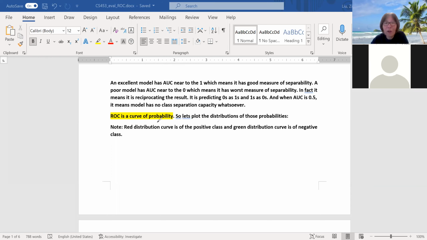So let's take a look. In the following curve, we have some curves. It says the red distribution curve is the positive class. So it's regarding the distribution of probability. And the green distribution curve is regarding the negative class.